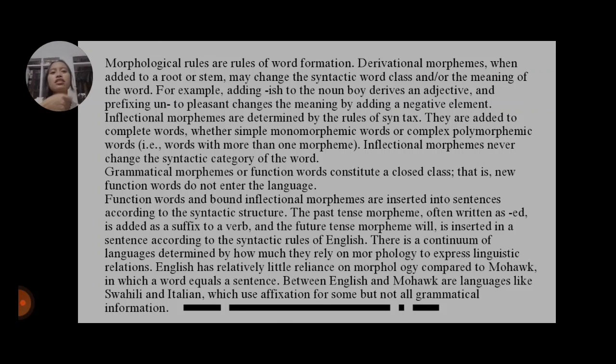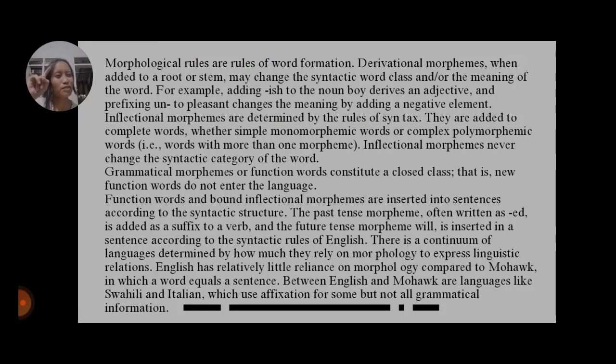Inflectional morphemes are determined by the rules of syntax. They are added to complete words, whether simple monomorphemic words or complex polymorphemic words, that is, words with more than one morpheme. Inflectional morphemes never change the syntactic category of the word.